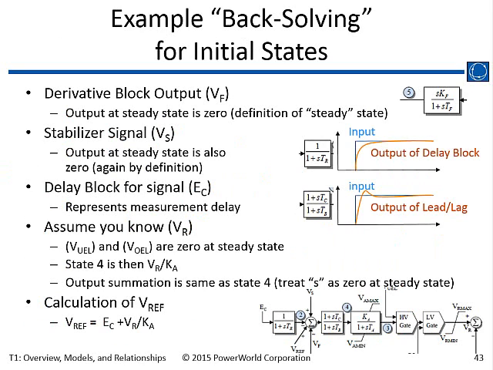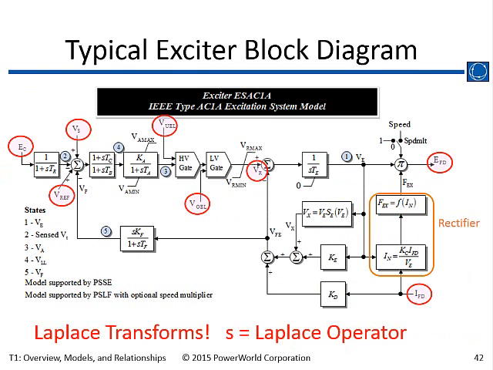We have to back solve them. I will say that when you get a transient stability run and it does not initialize flat, that can sometimes be because, hey, I solved for this VR value and it's greater than the maximum. Okay? What do you want me to do as a software coder?